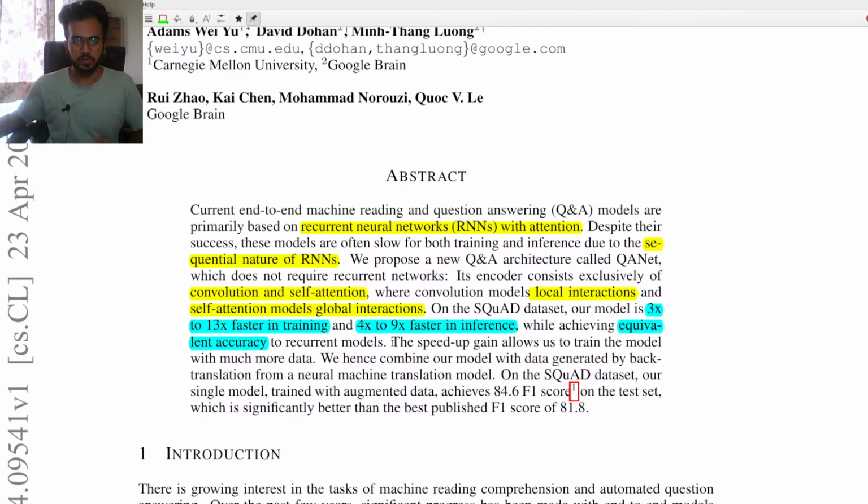So that's what they mention here as well. The speed up gain allows us to train the model with much more data, and we'll see how they generate this data. So we combine the model with data generated by back translation from a neural machine translation model. We have a context, a text, let's say all of this task is done in English. Now we have a neural machine translation model which back translates the data that we have. So we have English, then we could have a middle language, let's say German.